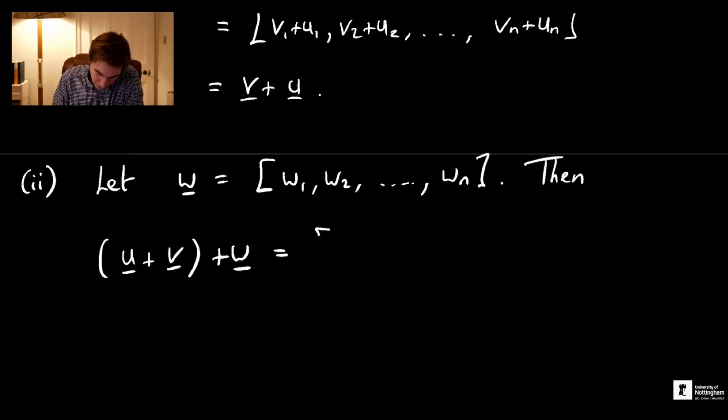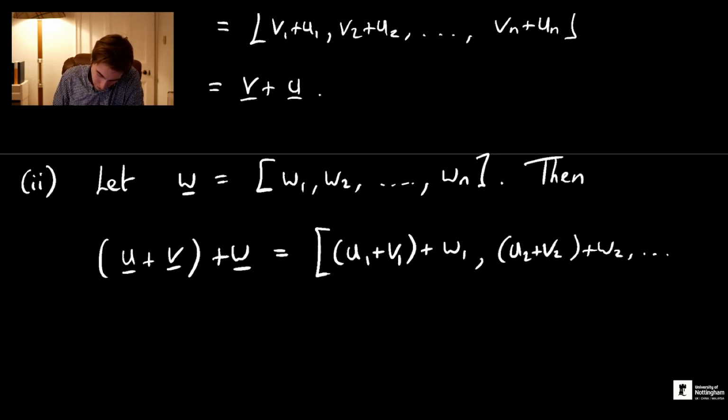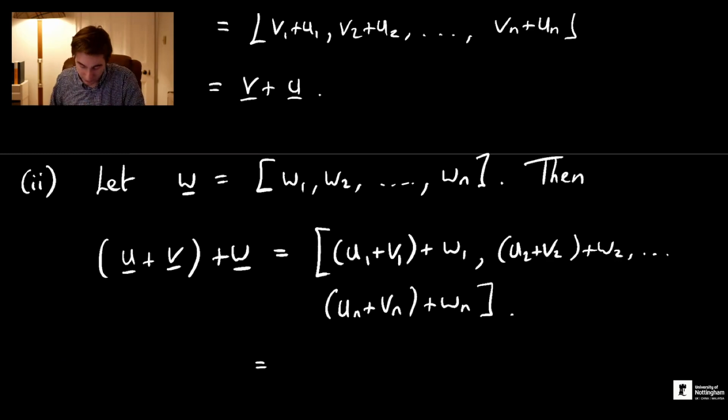Now that's going to be written as (u1 plus v1 plus w1, u2 plus v2 plus w2, all the way up to un plus vn plus wn). Well, we can use the fact that the real numbers are associative. That is, with real numbers, if we do u1 plus v1 and then add on w1, that's the same as first doing v1 plus w1 and then adding on u1.